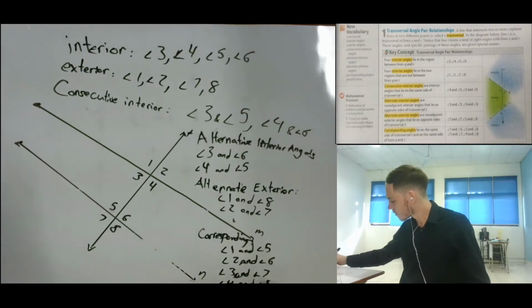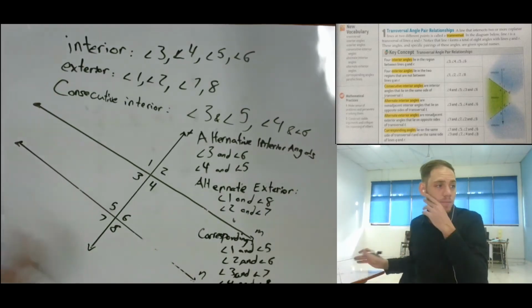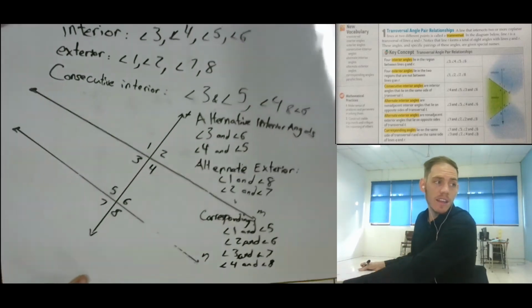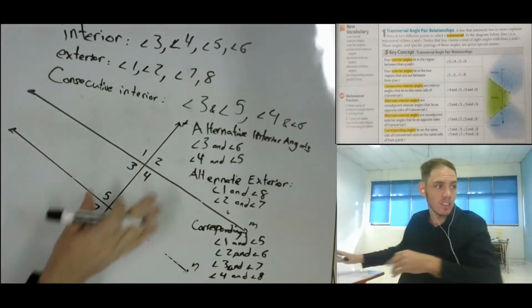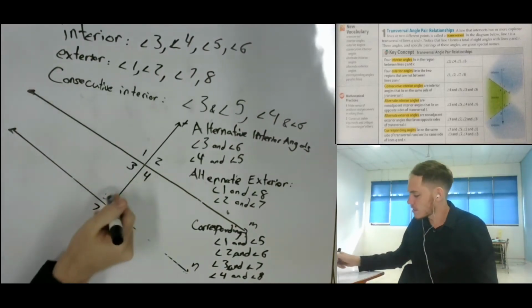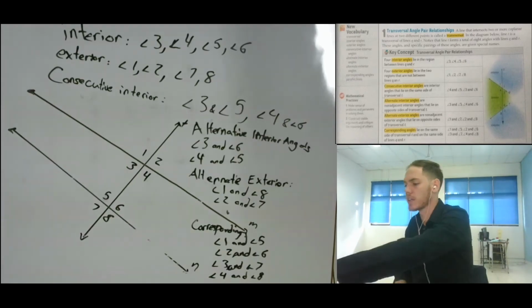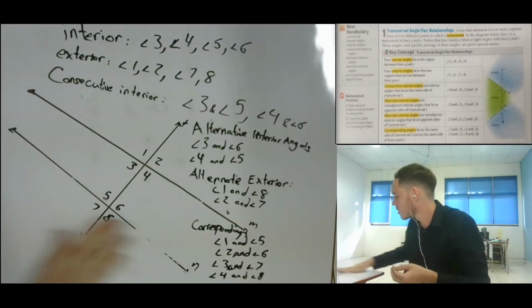That's going to be all of them. Sorry, it is in the book too, but this is just my drawing. So it's corresponding in terms of its location based on the transversal.